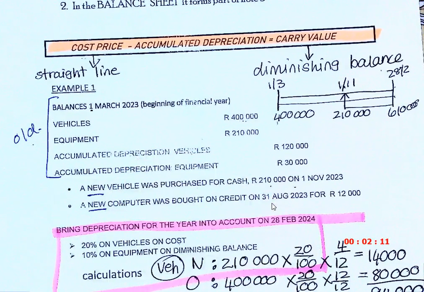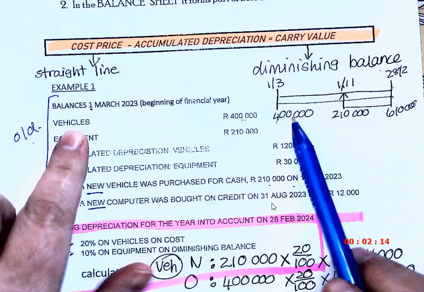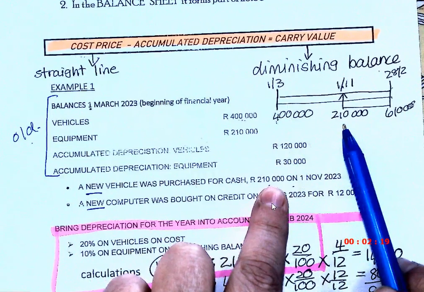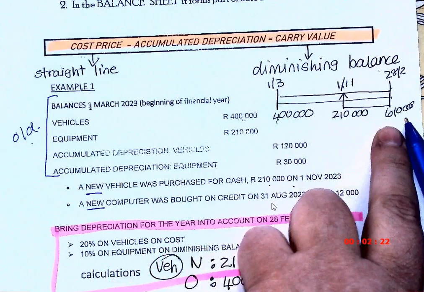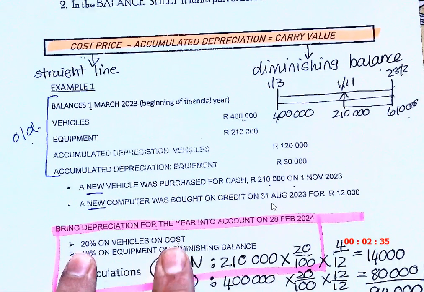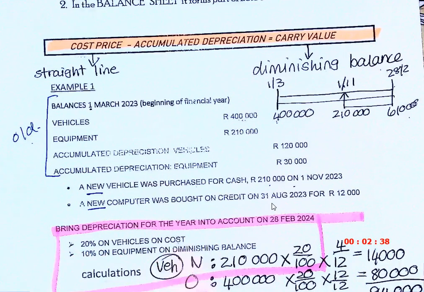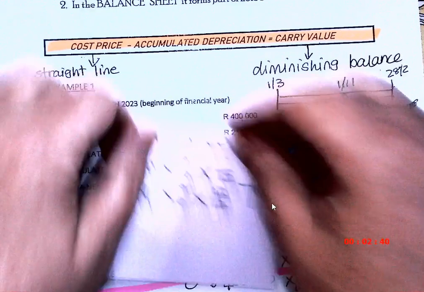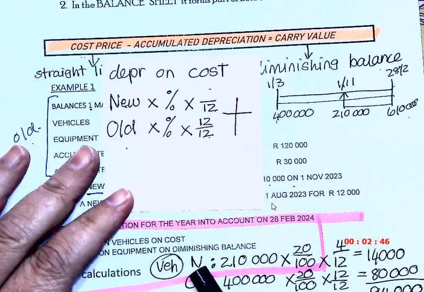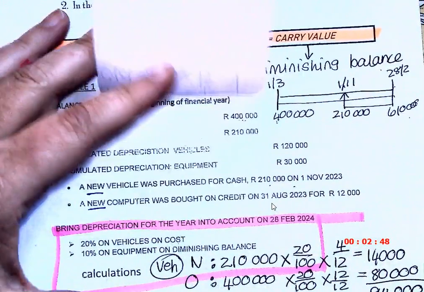So if I look at the vehicles, I started out having 400,000. I purchased during the year 210. So I ended up with 610. Now if I ask you, calculate for me the depreciation, I'm going to look, what do they say? And they say with vehicles it's 20% on the cost price. Okay, so if I want to calculate, and this is what I did, I'm taking the new vehicle, which is that 210.